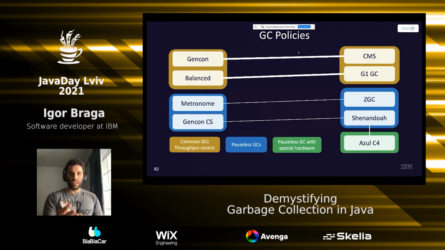ZGC, for instance, uses that multi-mapping that I talked to you about with colored pointers, right? Shenandoah has two versions. Version 1 uses a Brooks pointer, and Shenandoah version 2 uses a similar barrier to GenCon CS, right? So they use different techniques to move objects concurrently with the application. And at the bottom there we have Azul C4, which requires special hardware or software to run that GC.